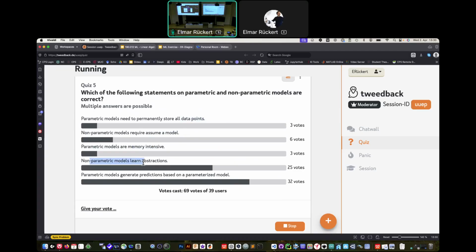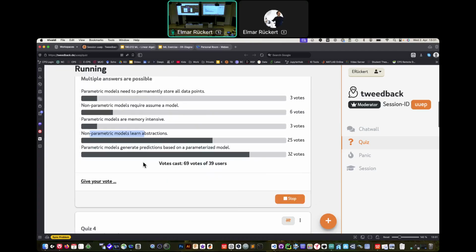Non-parametric models learn abstractions. Yes. Yes and no. Actually, one could discuss that. There's a tricky answer, because what are abstractions? Define it. You learn something from data that could be reapplied to a different task. That's an abstraction somehow.